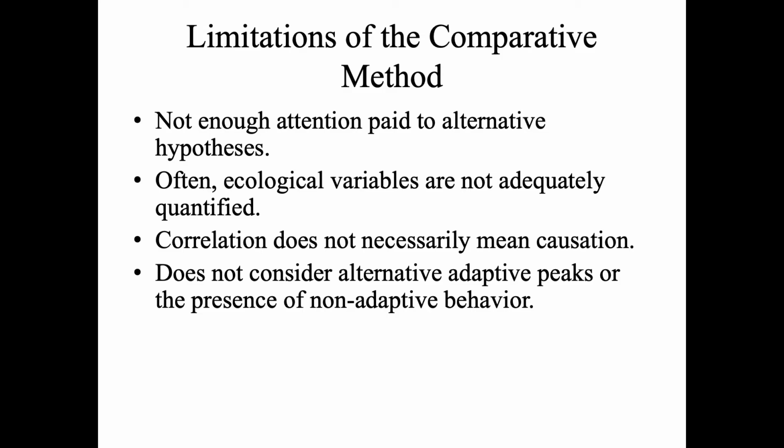But then the other thing is that there's this idea in ecology and evolution that there might be multiple adaptive peaks. There might be multiple solutions to a common problem, and those multiple solutions are all equally valuable. And it just depends kind of on the individual trajectory of how something evolved in a group of organisms as to which of those alternative adaptive peaks you ended up on.